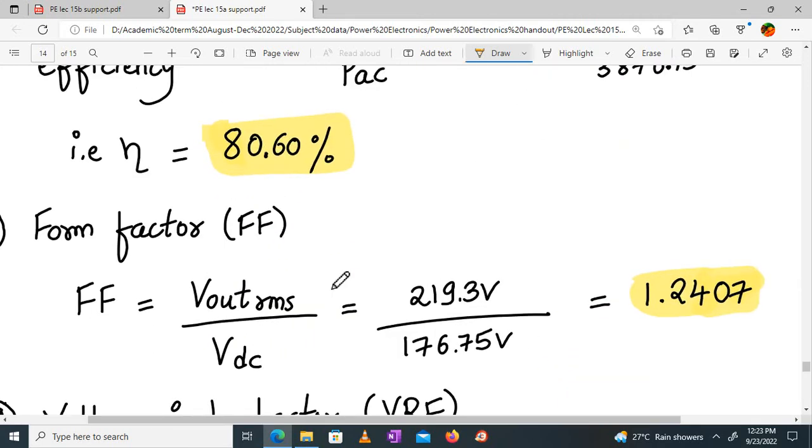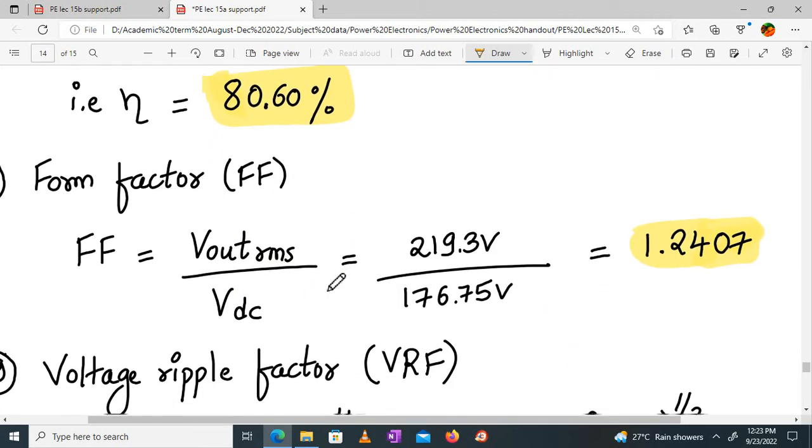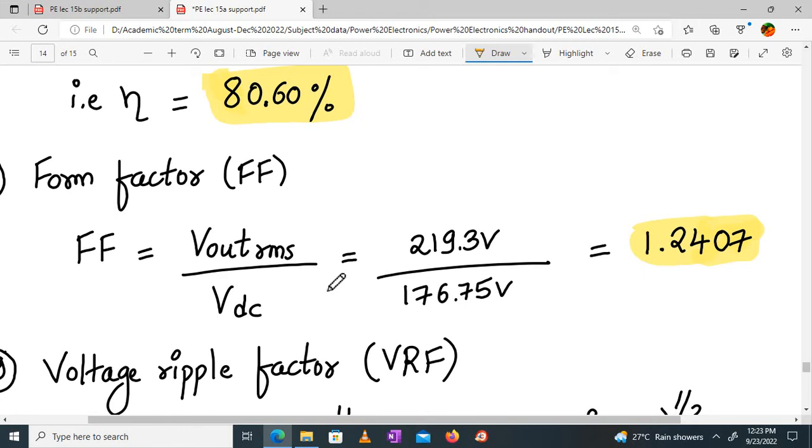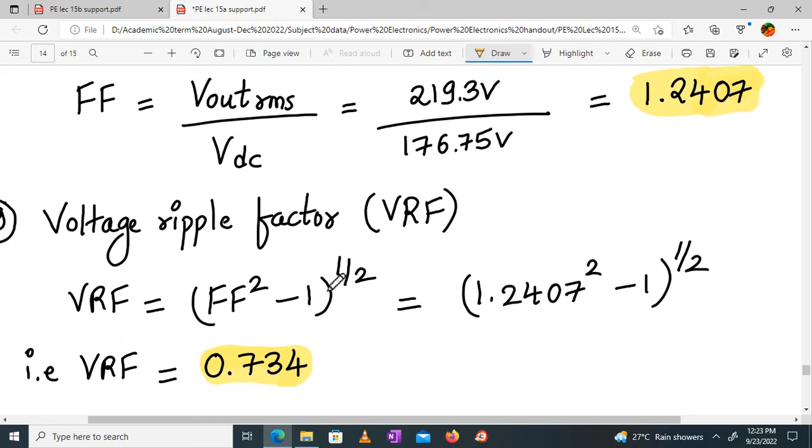Calculate V out RMS upon VDC. Form factor will come greater than 1, most of the cases. It's 1.24 coming. Please check. Then calculate voltage ripple factor. It's form factor square minus 1 raised to half.